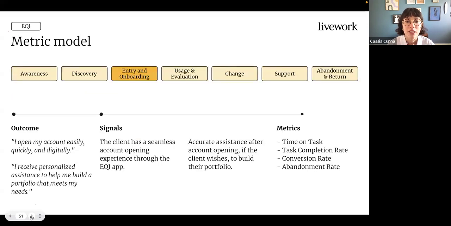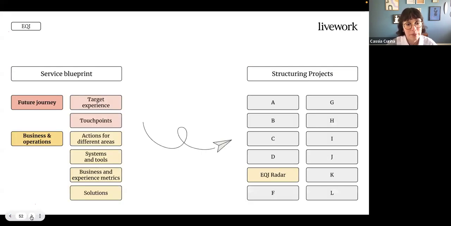Next one. We used the same metric model as Christina and Luis presented. So we understood outcomes, and then from that we defined the signals and the metrics, right? Here is just an example from entry and onboarding, but we used the same model. Next, please.